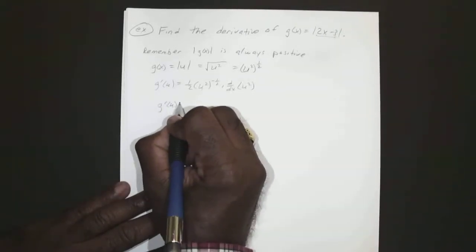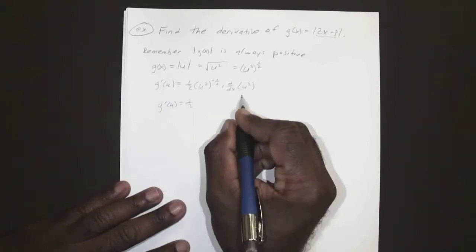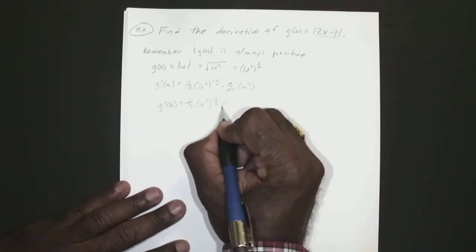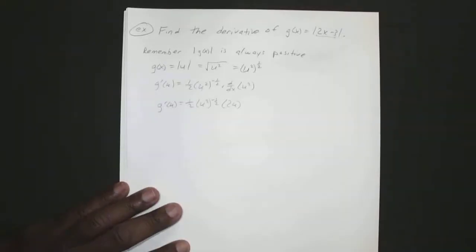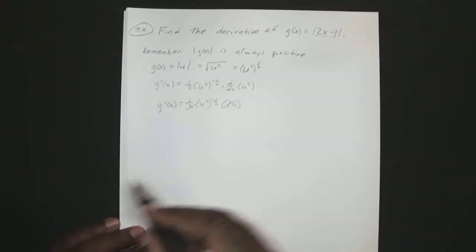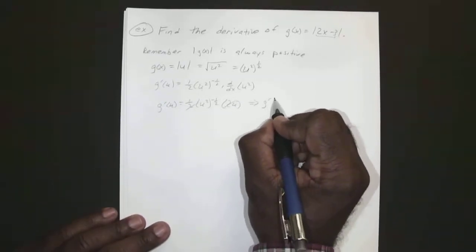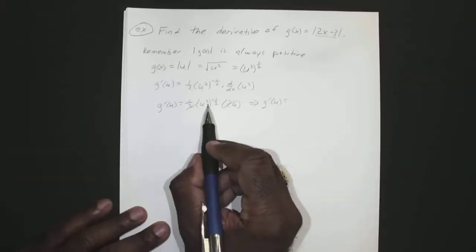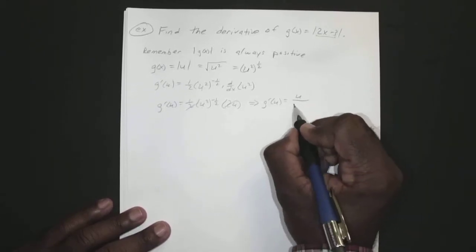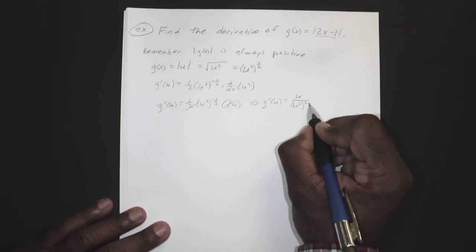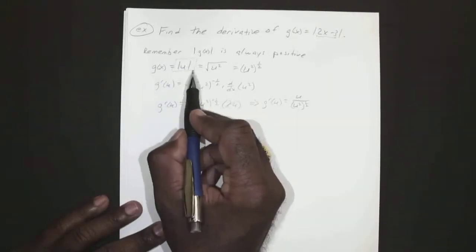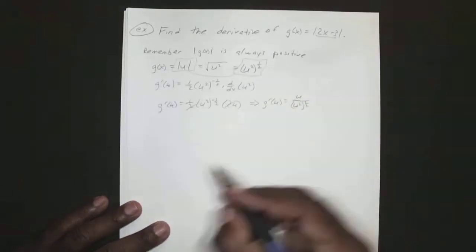So our g prime of u is going to equal 1/2 u squared to the negative 1/2 times 2u. Now in this case, the 2 u's would cancel out. So you end up with g prime of u equaling, we might as well put that in the denominator, u over u squared to the 1/2, which we already know is equal to the absolute value of u.